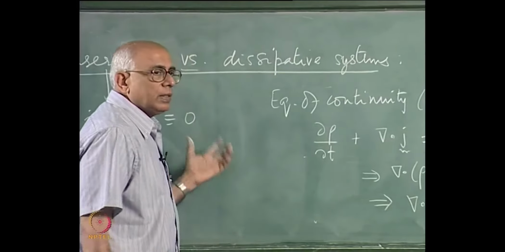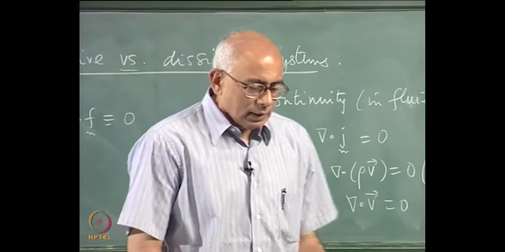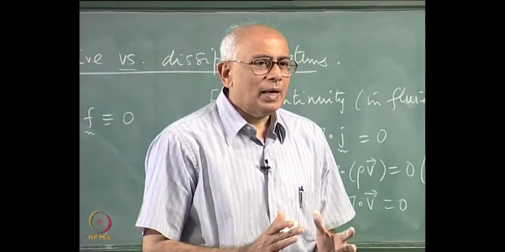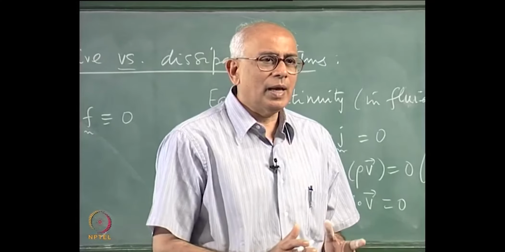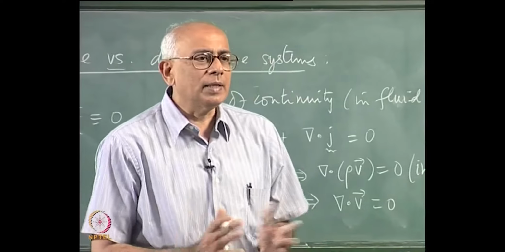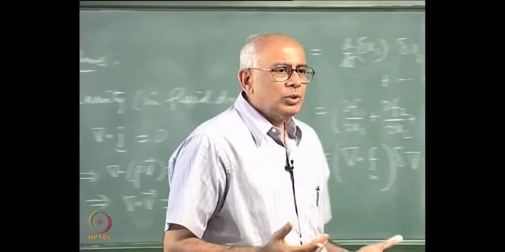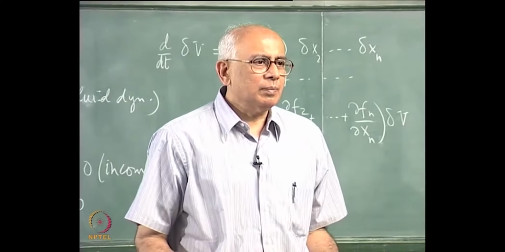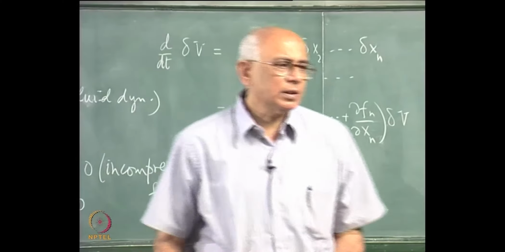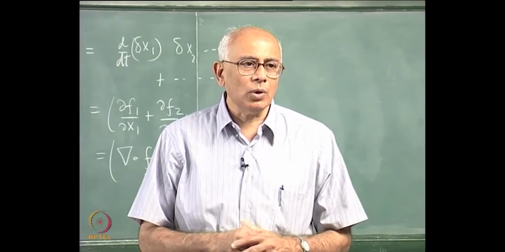This definition in some sense is a little too rigid, because it says that F must be a solenoidal vector field identically at all points, then it is conservative. But you could come across many physical systems for which you come close to a conservative system, but it is not quite one because del dot F does not vanish identically at all points.